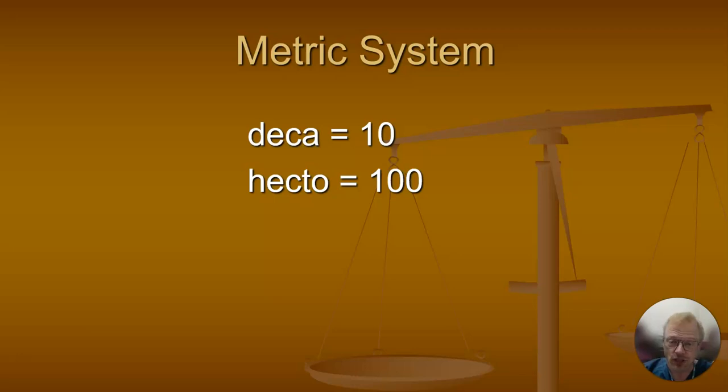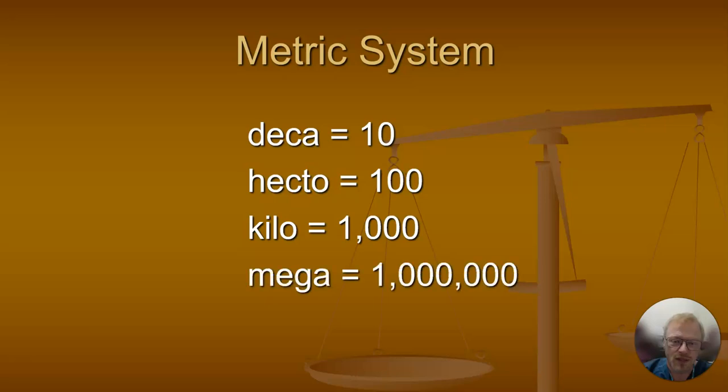Hecto is 100, so 100 grams. Kilo is 1,000, so 1,000 grams is a kilogram. And mega is 1 million.